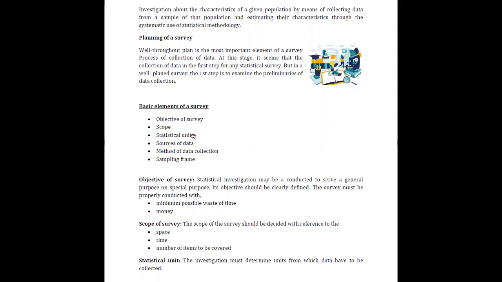Those things have to be defined by yourselves as a basic element of a survey. Then you have to have an idea regarding sources of data. Then there should be an appropriate data collection method, and there should be an appropriate sample frame as well. Therefore, these six elements can be considered as the basic elements of a survey.